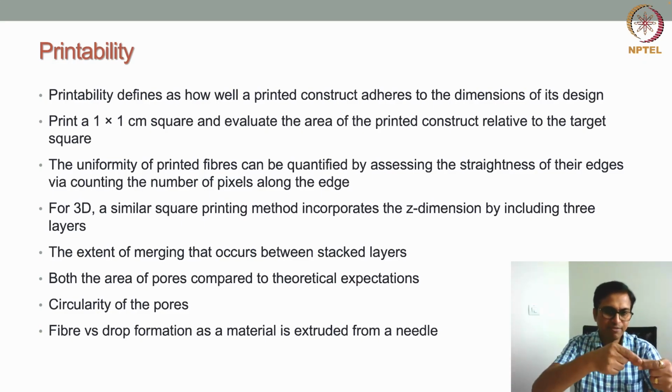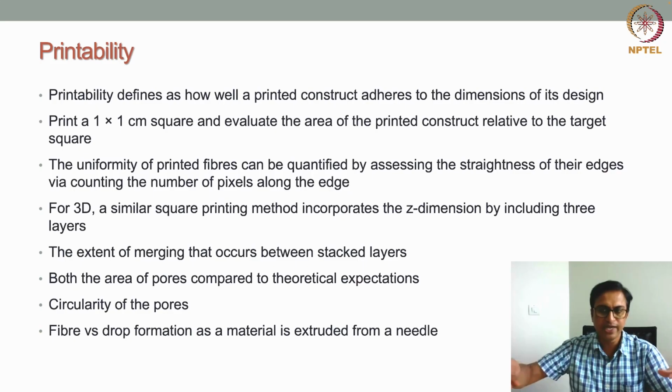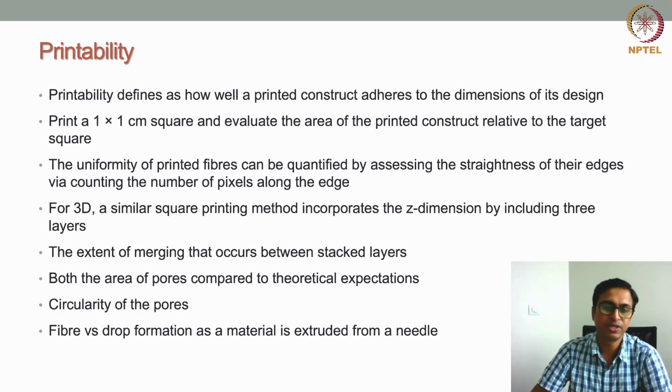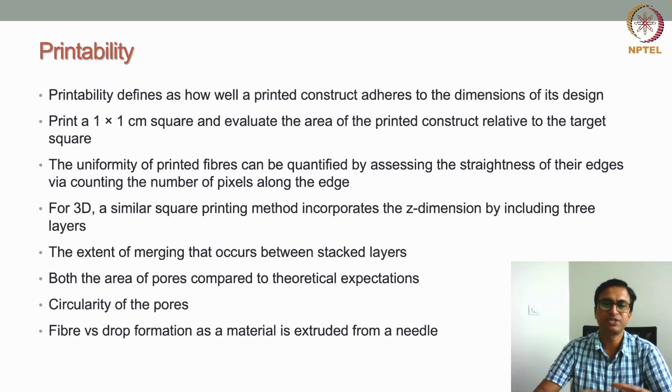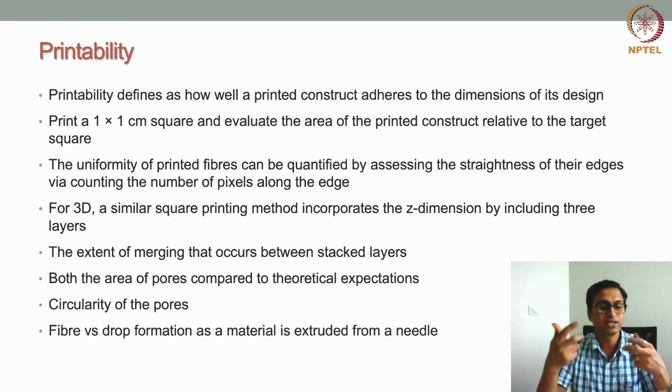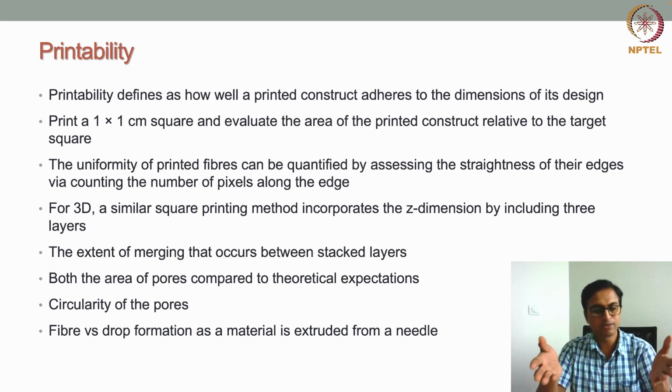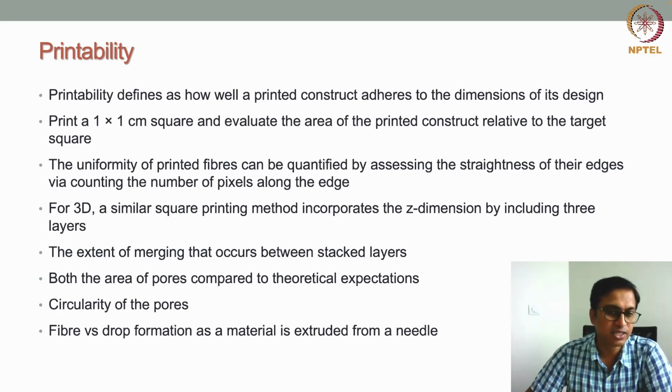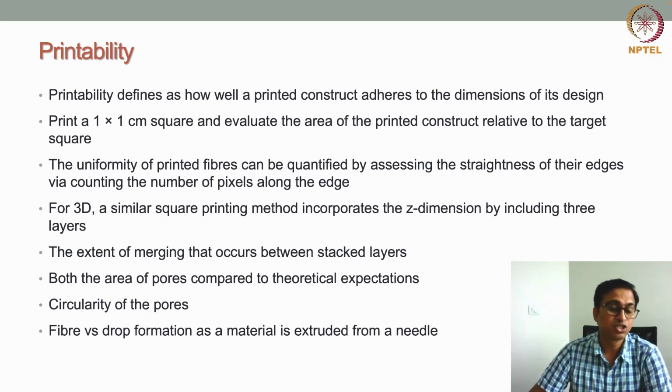If it occupies the same number of pixels along the length, then the fiber is straight. Otherwise, if the fiber is wavy, or if the width is less or more in some part, that can be defined as the material not being very printable, meaning that bioink is not printable with that kind of extrusion-based bioprinter under the optimized process parameters.